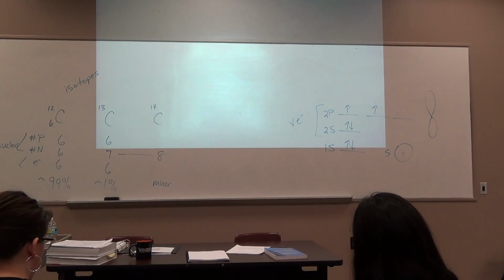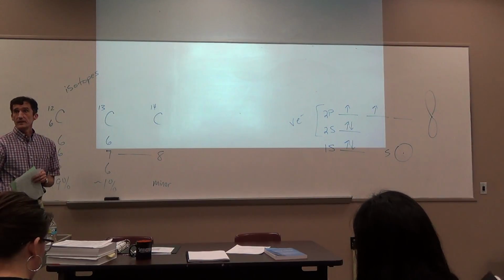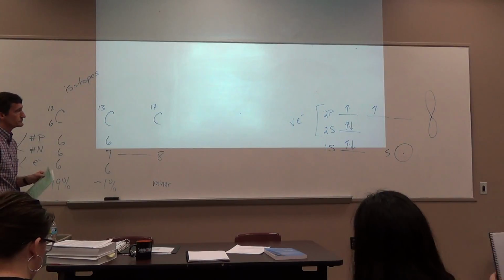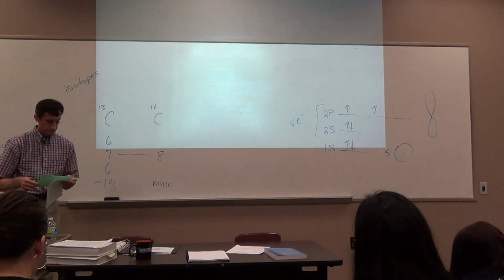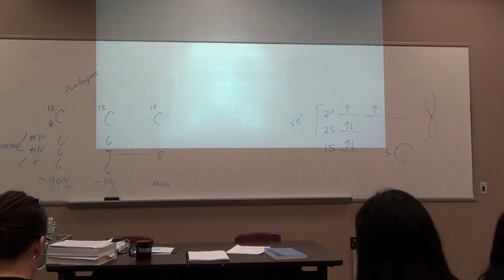So we'll move away from the ground state and the simple orbitals to hybridized configurations of orbitals. Need to do some reading on that, be prepared for all that. Anything else on number 1? Did we hit everything?